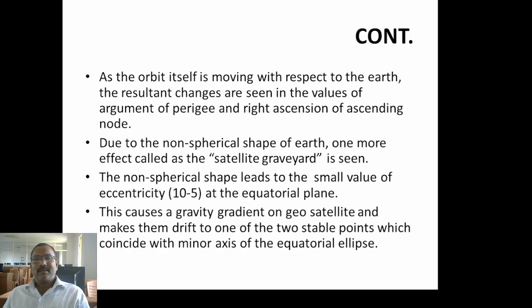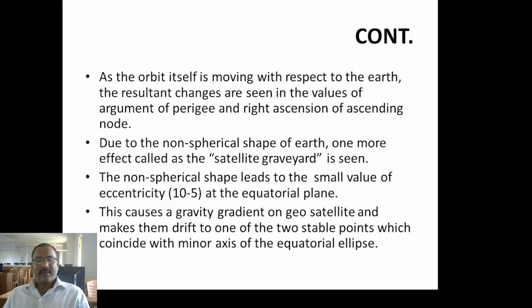The non-spherical shape leads to a small value of eccentricity at the equatorial plane. This causes a gravity gradient on geosatellites and makes them drift to one of the two stable points which coincide with the minor axis of the equatorial ellipse.